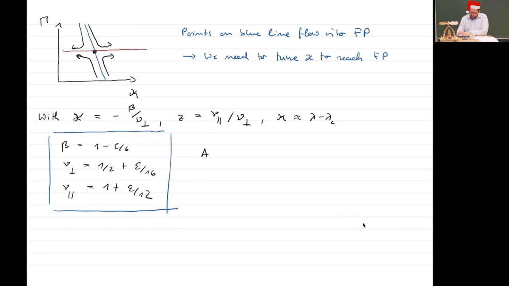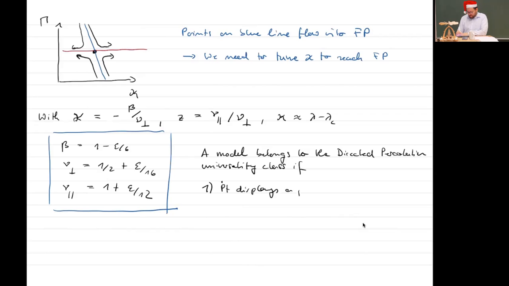Yeah, and a model belongs to the directed percolation universality class if, that's the so-called directed percolation conjecture, it displays a phase transition between an active and an absorbing phase.